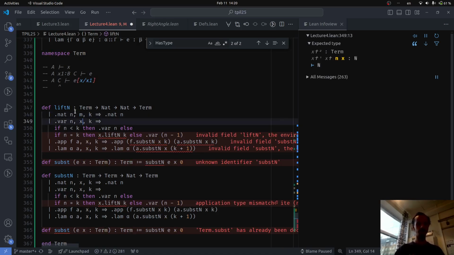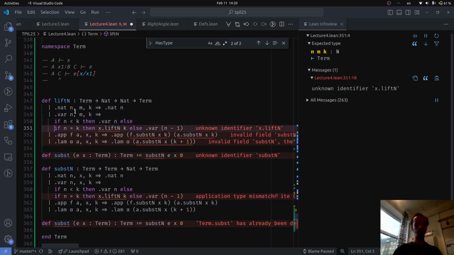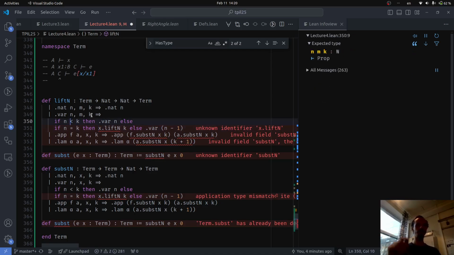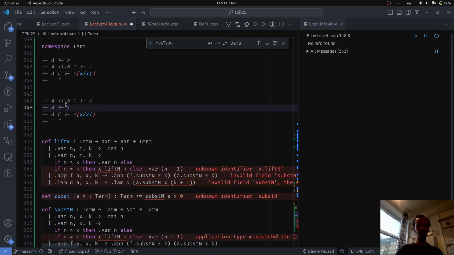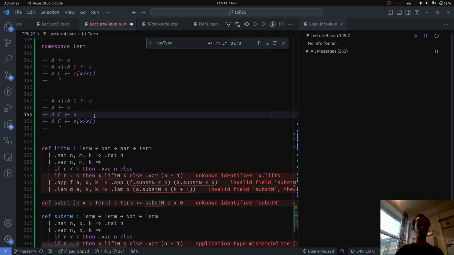So we're going to raise by m, and it has a similar structure. More pictures: lifting corresponds to an action known as weakening. The idea is that we will have x in a context A, and then we want to have it also in a larger context, like this AC, which is what we wanted over here.